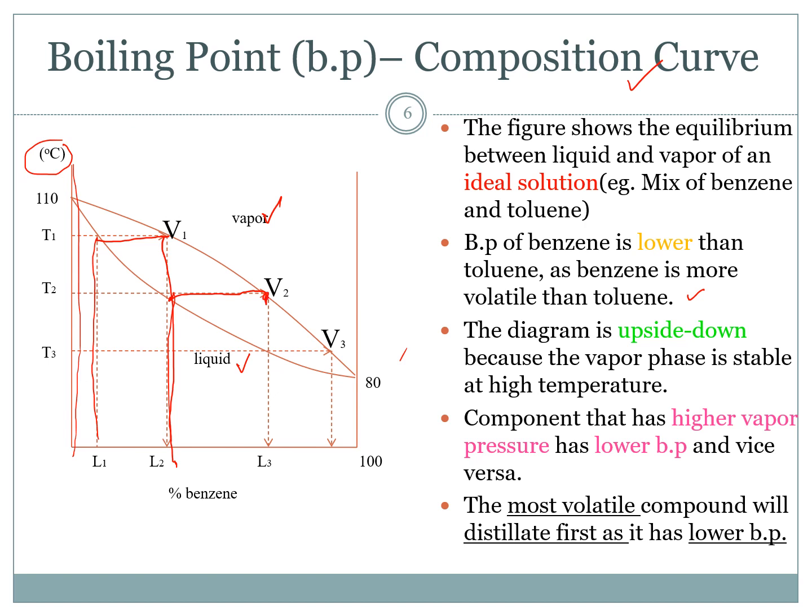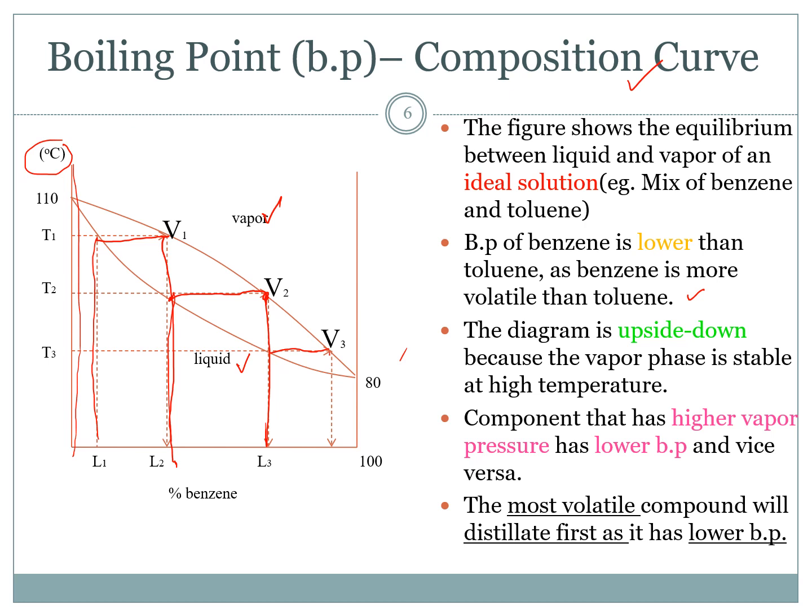Maksudnya dia akan richer in benzene. So if you keep on doing this, okay, so dia akan condense V2 ni, dia akan condense to give liquid of composition of L3, and then this liquid of L3 will in turn boil at lower temperature T3, so dia akan give the vapor composition at V3.